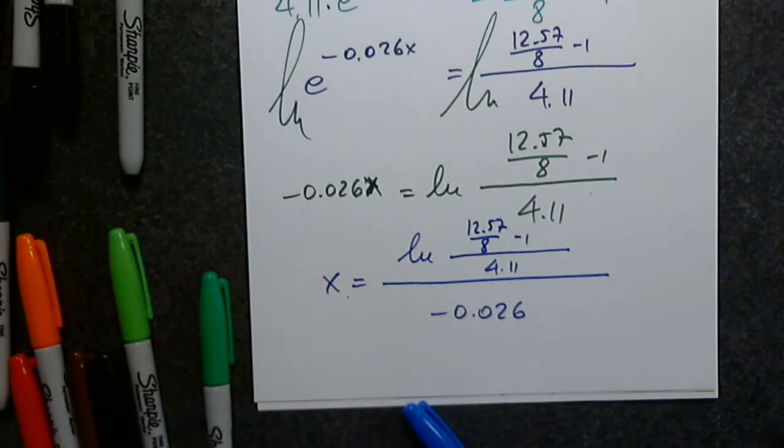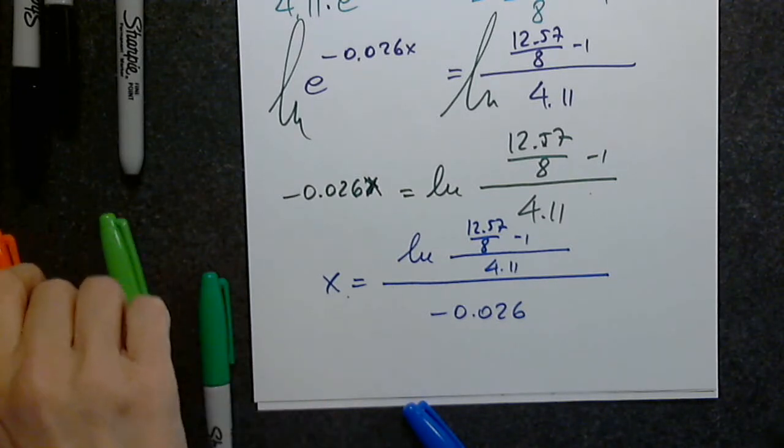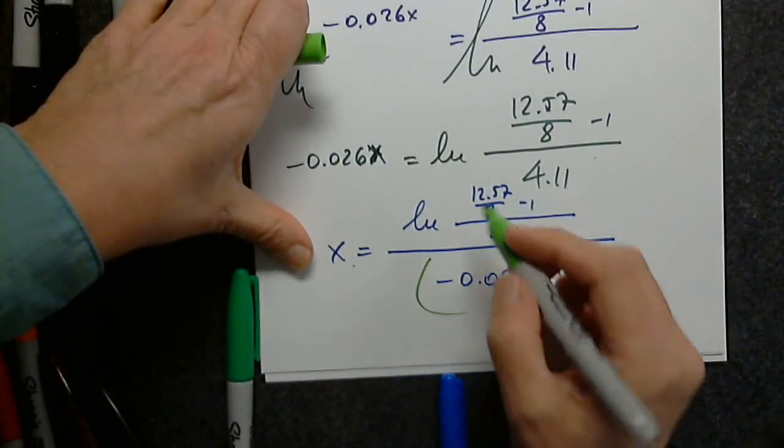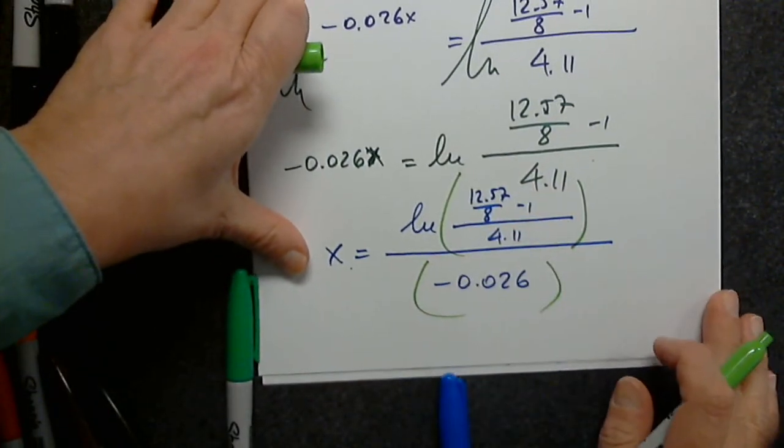Now, this is a mess. But we still don't want to calculate step by step. Okay, so here's what we need to remember. Parentheses around the denominator, parentheses inside the log, and parentheses in the numerator. If we don't put parentheses around 4.11, it's okay. This quantity needs parentheses.